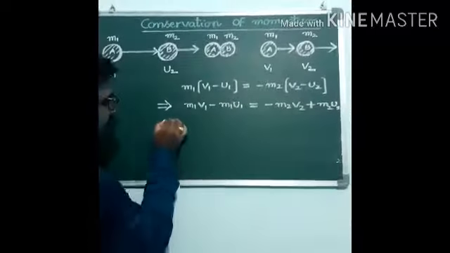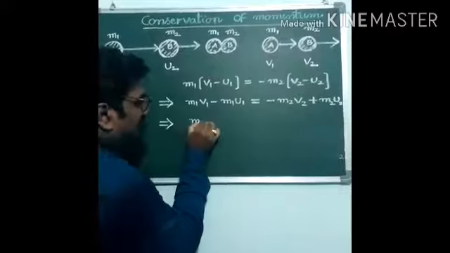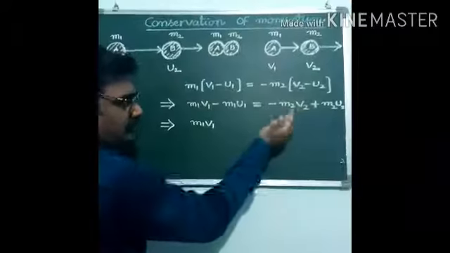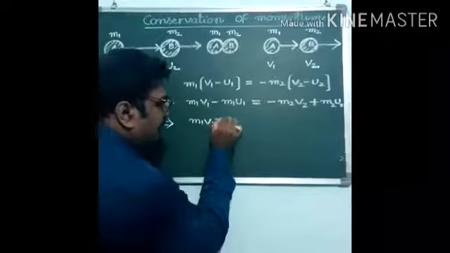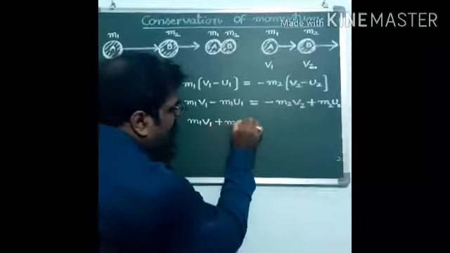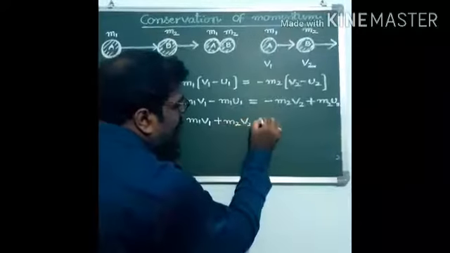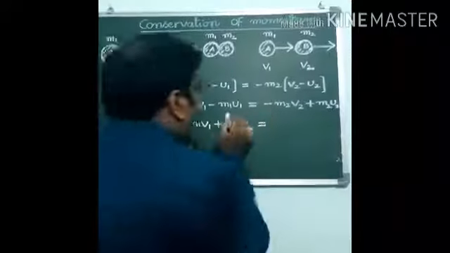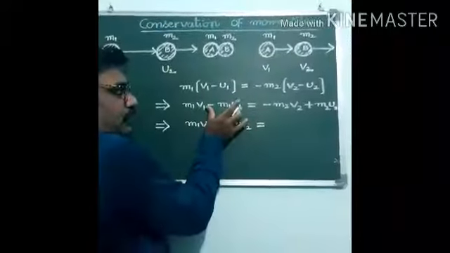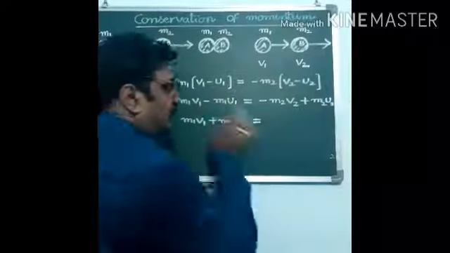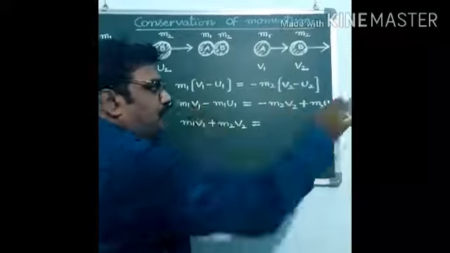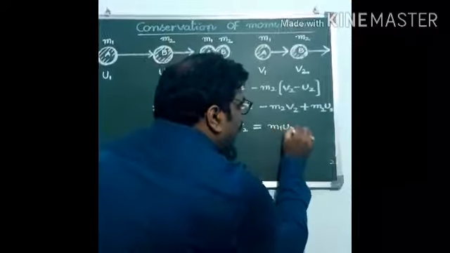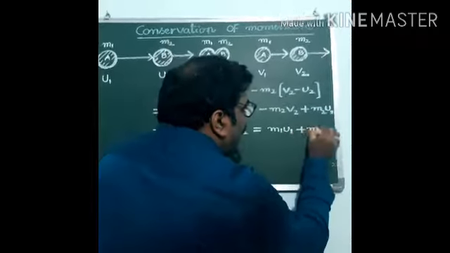That implies m1 v1, whenever it moves from the right hand side to the left hand side, plus m2 v2 is equal to, when the product m1 u1 goes from the left side to the right side, plus m1 u1 plus m2 u2.